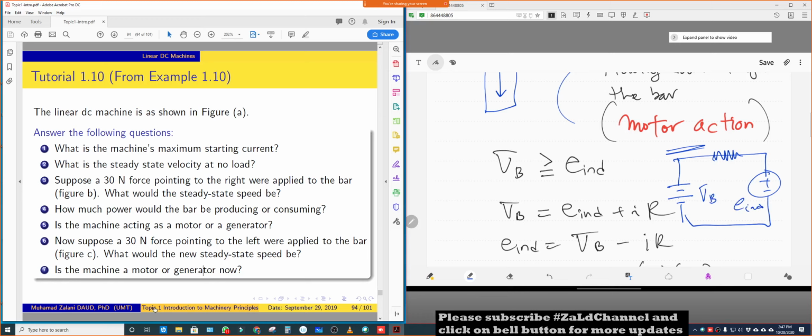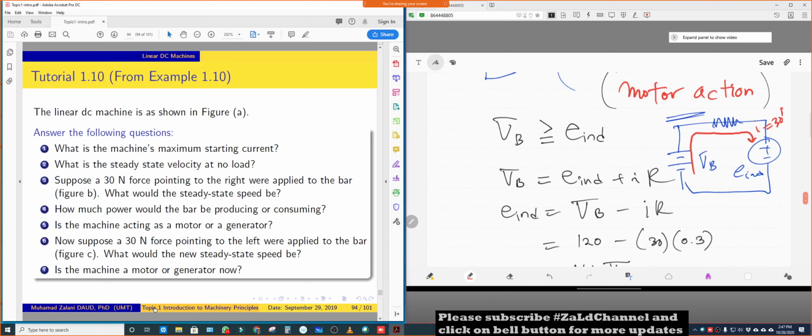So if I draw the current, it is now moving in the clockwise direction, and I is 30 amps. Once we establish this, VB is larger than the induced voltage.